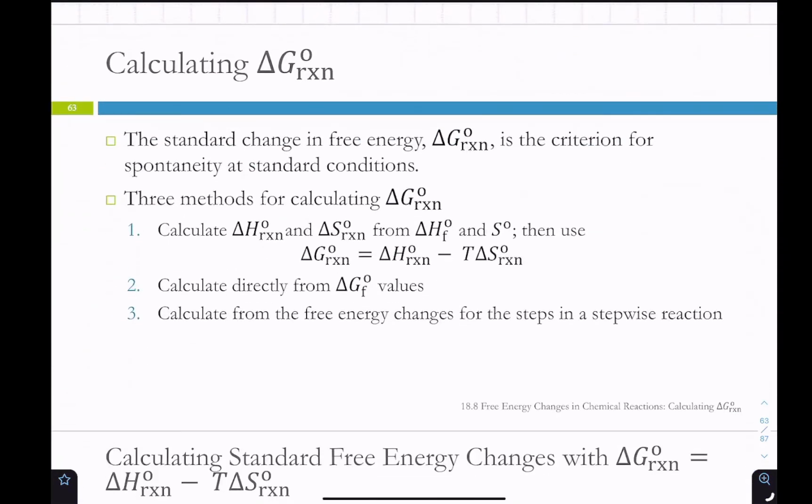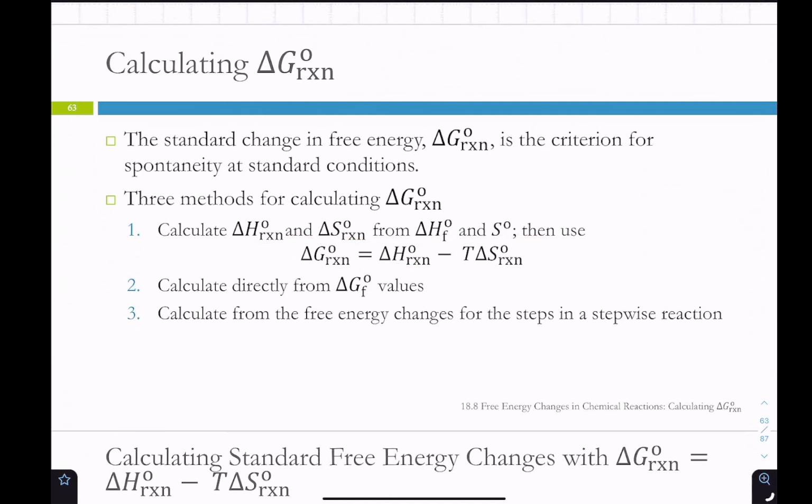So now we can calculate the standard change in Gibbs free energy and determine if reactions are going to be spontaneous or not. So 3 methods here. We can calculate delta H of the reaction and delta S from the standard enthalpies and the standard entropies, and then use our Gibbs free energy equation.